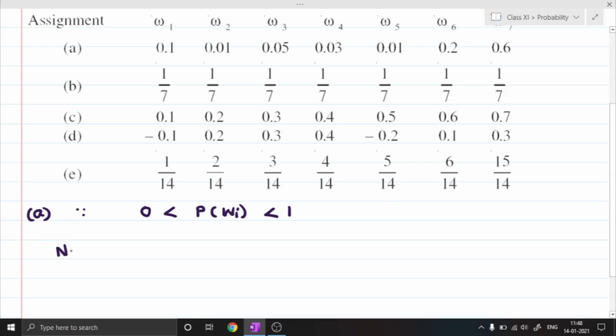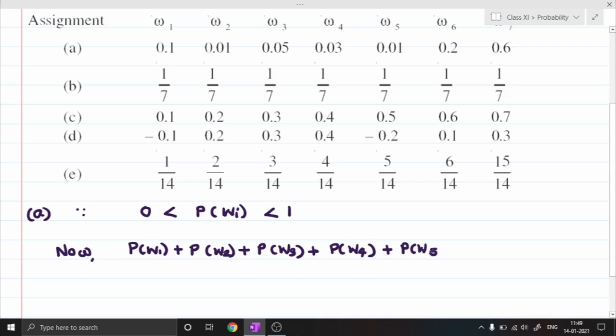Now the second condition will apply: P of W1 plus P of W2 plus P of W3, P of W4, W5 and W6.